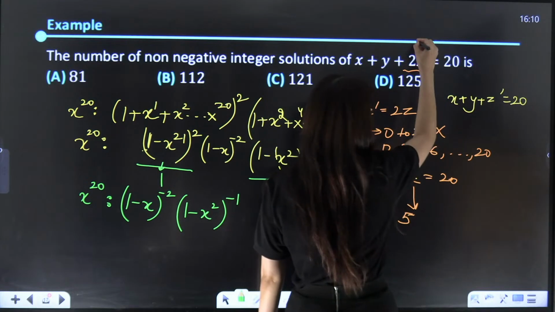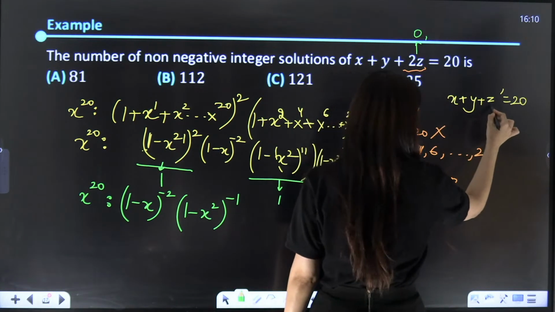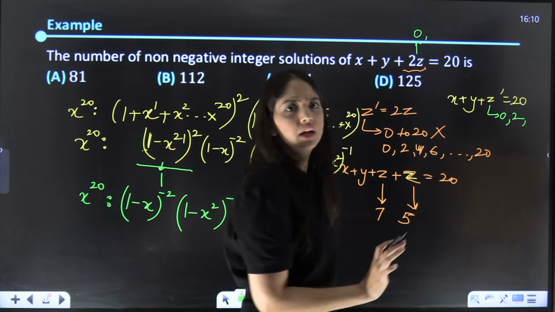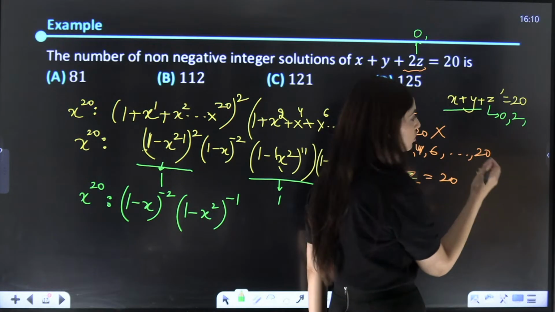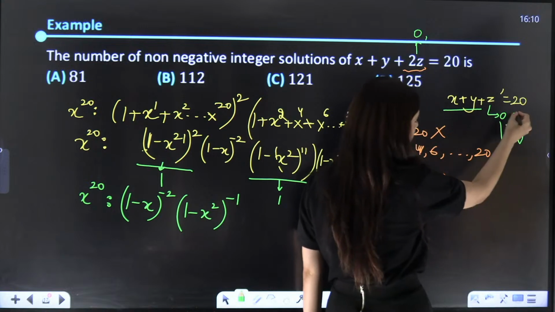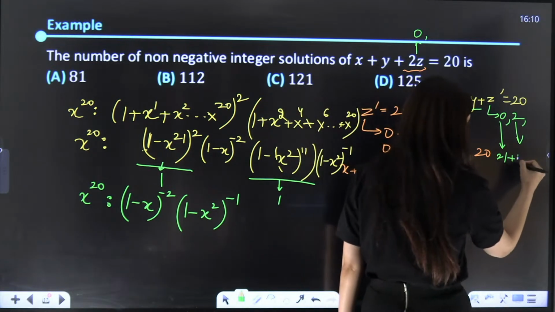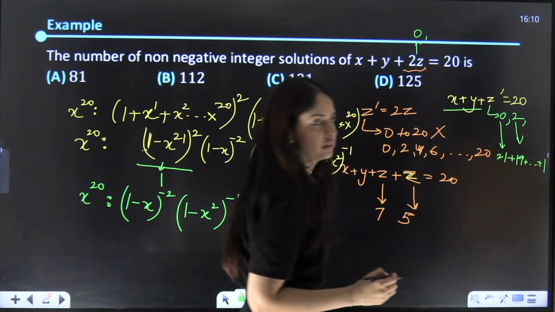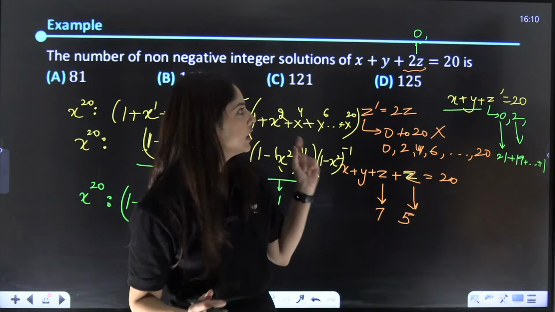If you just put this 0, or directly here 0 then 2, so for x plus y you will have x plus y is equal to 20, so 21 ways. Then for 2 there is x plus y is equal to 18, that means 19 ways, and so on till 1. So this will be equal to 121.